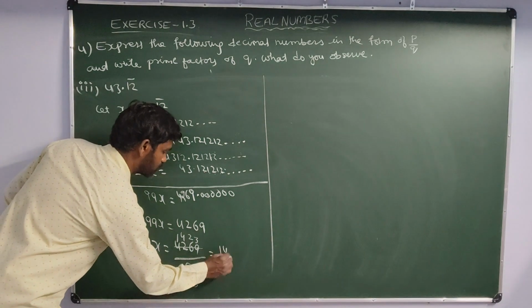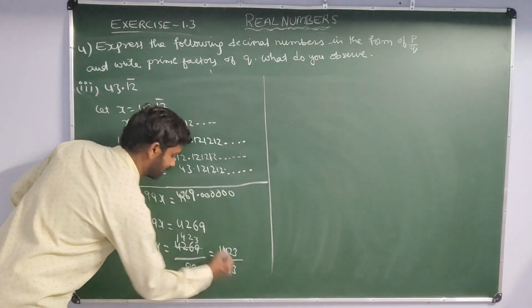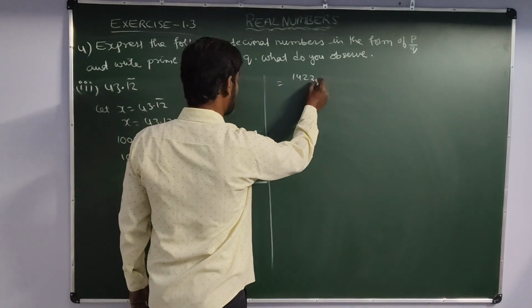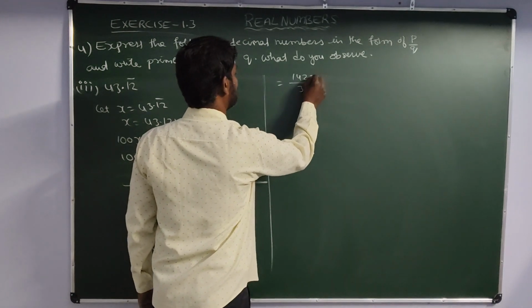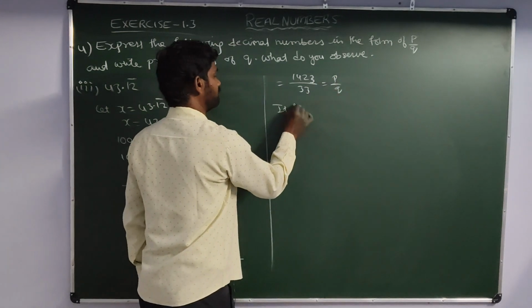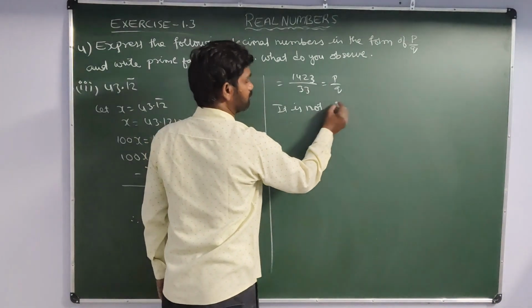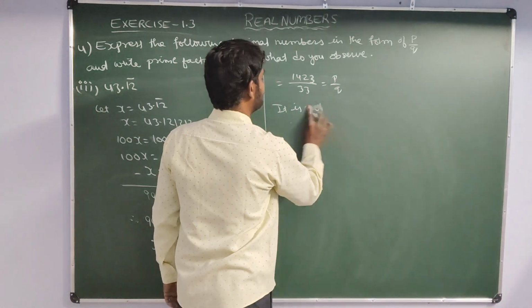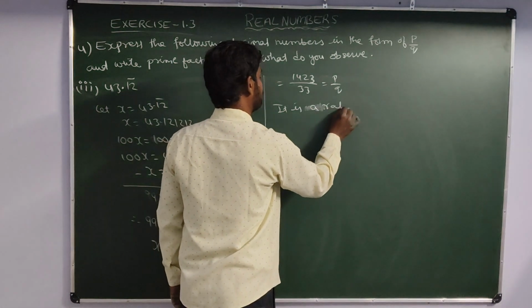Therefore, it is equal to 1423 by 33. That is in the form of P by Q form. It is rational.